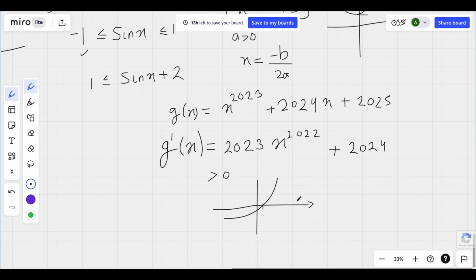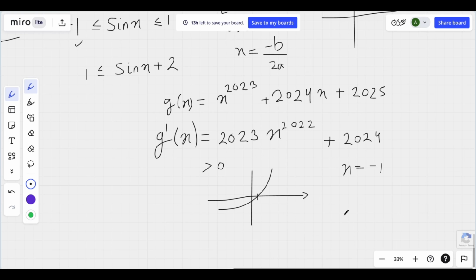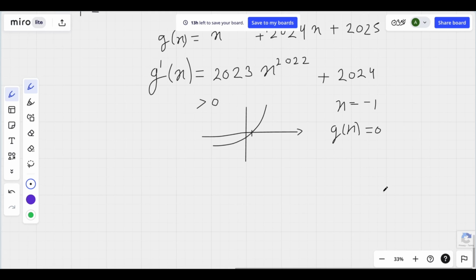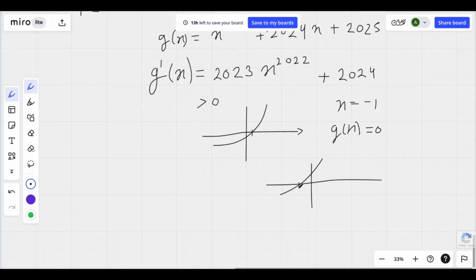We can directly see that if we put x equals minus 1, then g(x) would be 0. So the graph would be something like this, with minus 1 here.